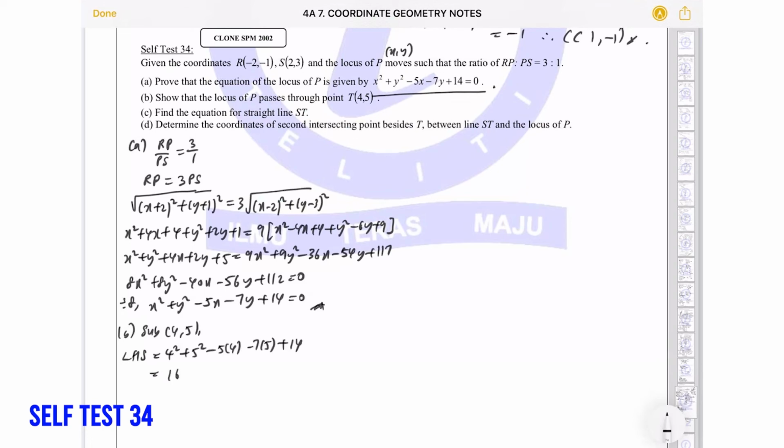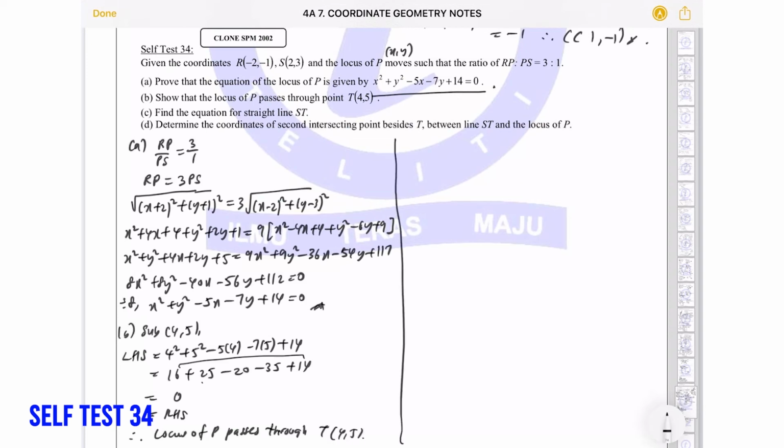This is 16, 25, minus 20, minus 35, and 14. 16 plus 14 is 30, plus 25 is 55, minus 55, you still get 0, the right hand side. Therefore, we can say the locus of P passes through (4, 5).